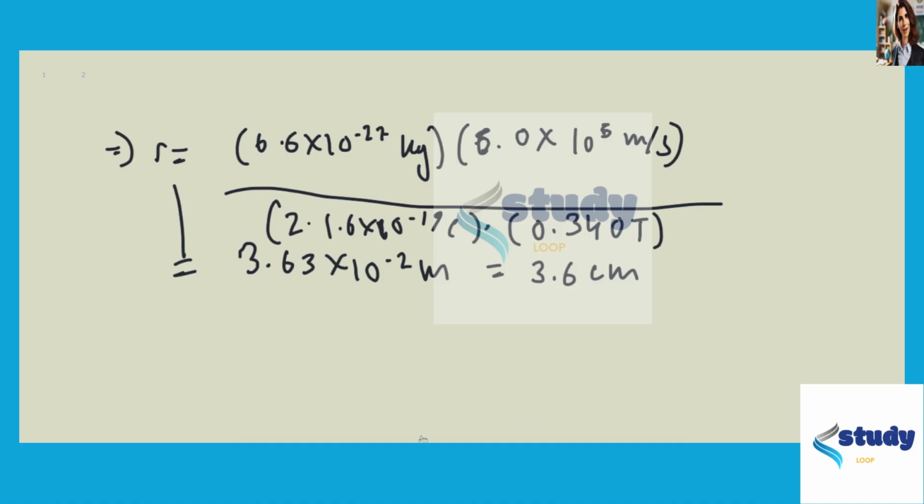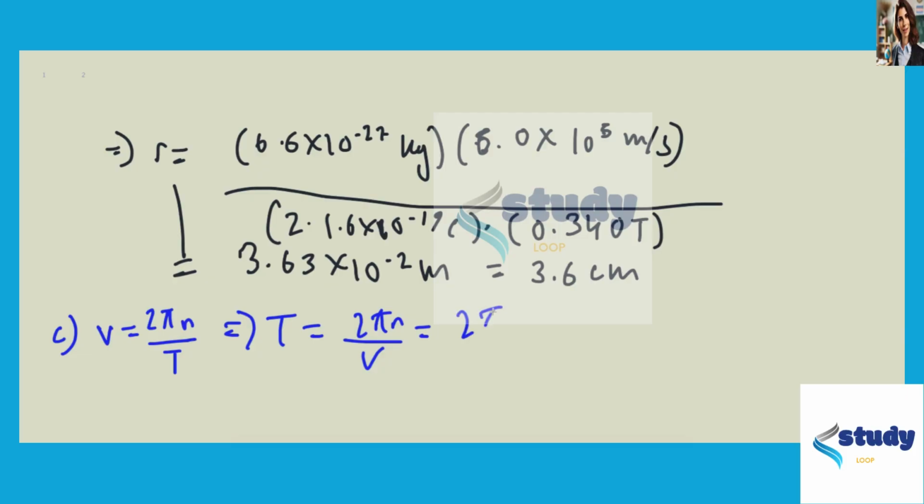And then finally, in part C, we want the period of revolution. To do that, we use the fact that velocity is equal to distance over time over one period. So the distance traveled in one period is 2 pi r, the circumference of the circle. So T, time, will be 2 pi r over v, velocity.